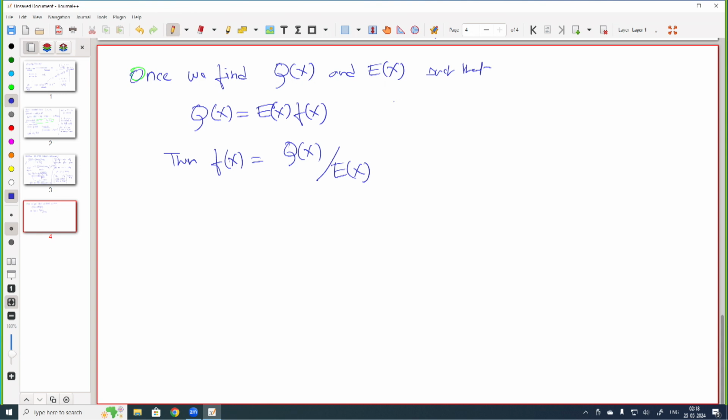So, once we find such a q x and E x, because q x is defined like this, f m x would be just dividing q x by E x, and f m x, this was the message we wanted to recover.